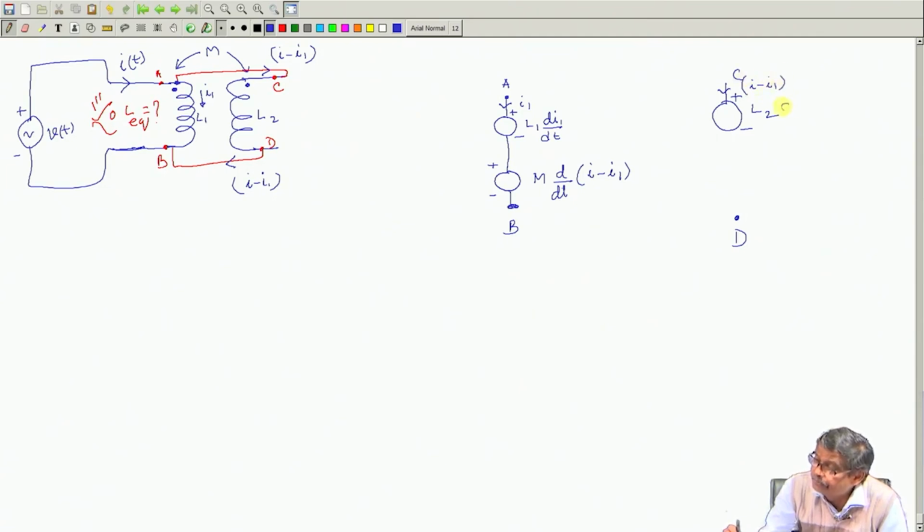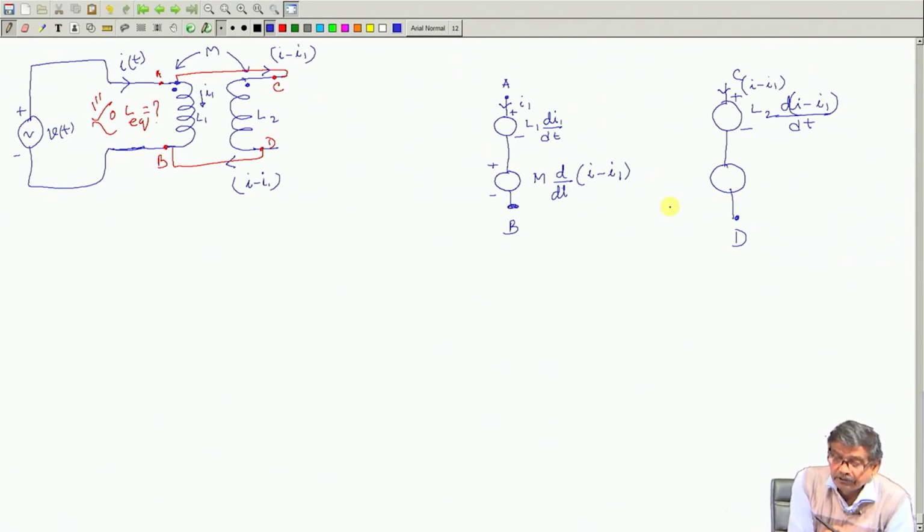Therefore, it should have L d(I minus I1)/dt. This is straightforward. And then there will be another EMF here, the value of which will be because of the current in the first coil, which is I1, and this has to be M dI1/dt.